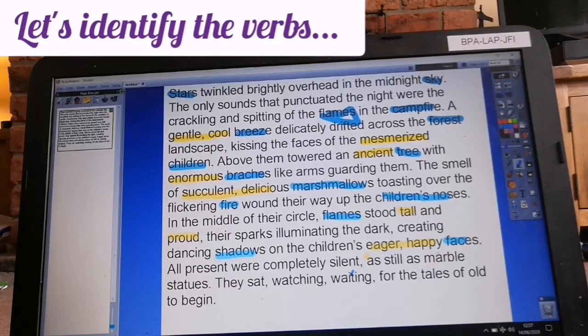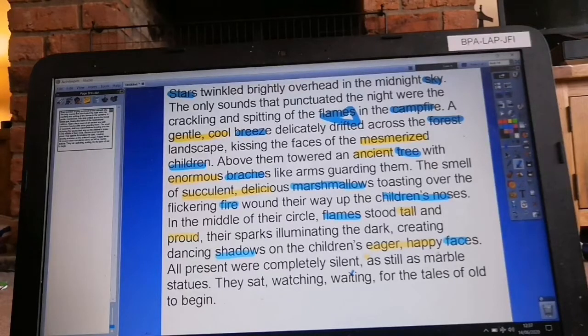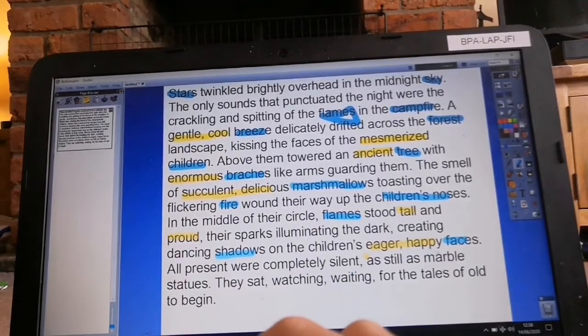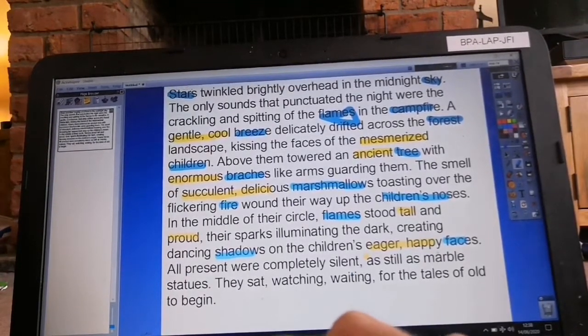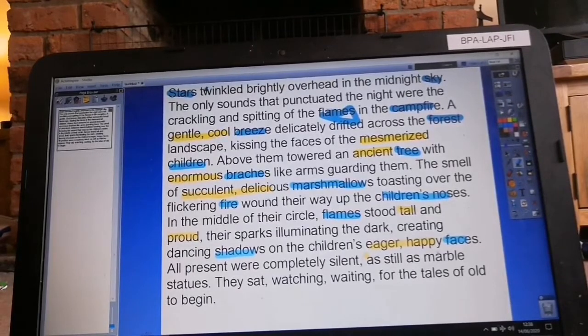So the verbs tell us the way in which the nouns are moving or how they are being. Again, this is going to give us a lot more detail about what kind of image the author wants the reader to have. So let's have a look at some of these verbs. So the stars, they twinkled.